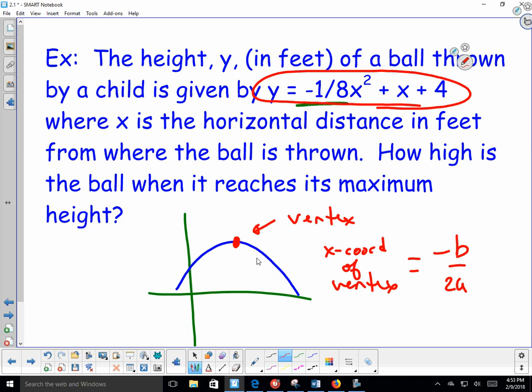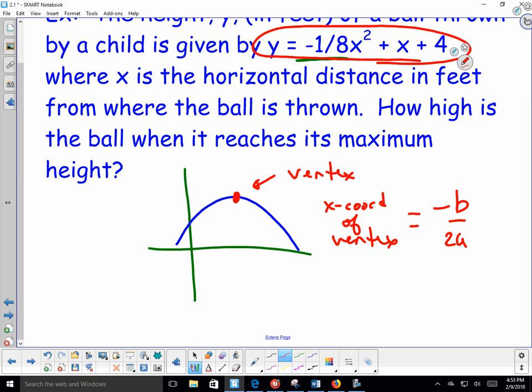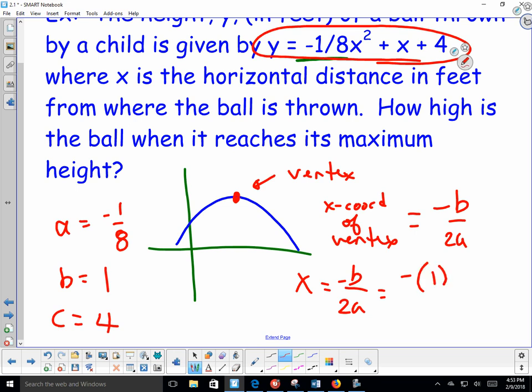So in this case, if we're doing negative b over 2a, we're going to take the opposite of my b value. Remember, a is -1/8. As we look at this, b is the coefficient on x, which is just 1, and c is 4. So I want the opposite of 1 over 2 times my a, so that's 2 times -1/8.